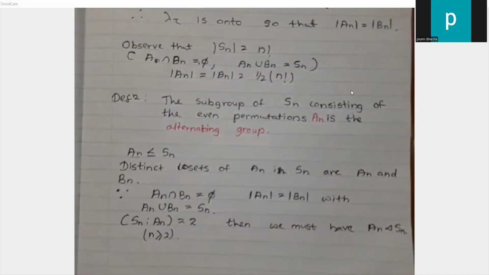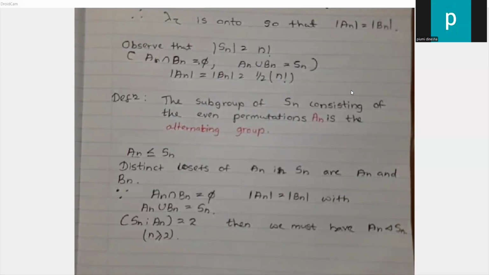When n is equal to 1, then S1 is simply equal to A1, because the identity element is an even permutation, right? The identity element is an even permutation, and therefore it's contained in A1. So A1 is essentially S1, it's the same as S1.